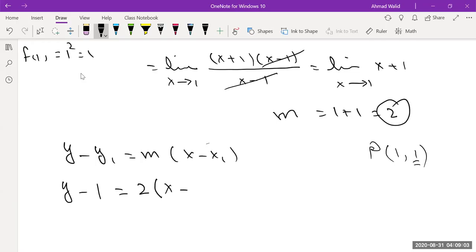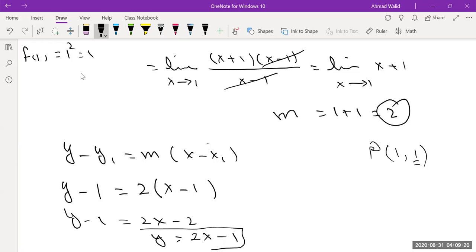Times x minus x1. How much is x1? 1. That means y minus 1 equals 2x minus 2. It means, if you simplify this, y equals 2x minus 1 will be the equation of the tangent line to the parabola y equals x squared at the point (1, 1). Correct? That easy.